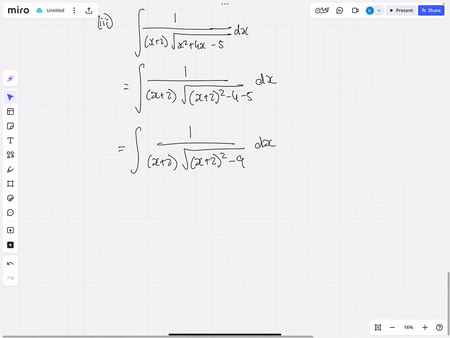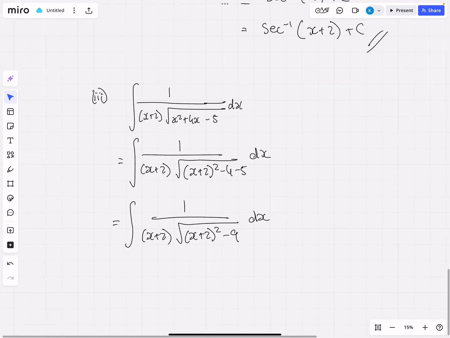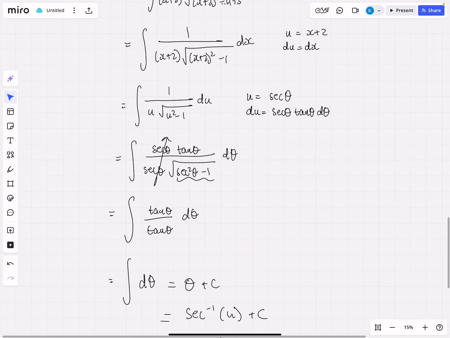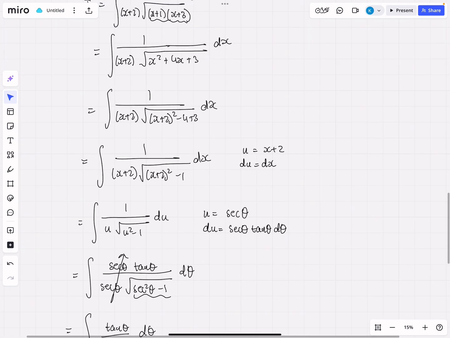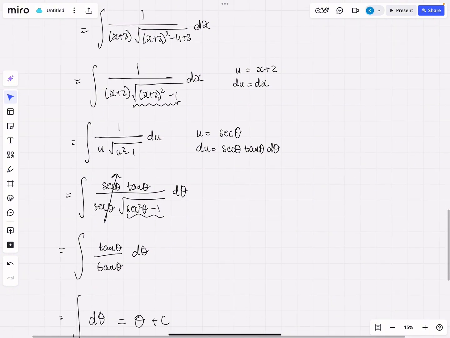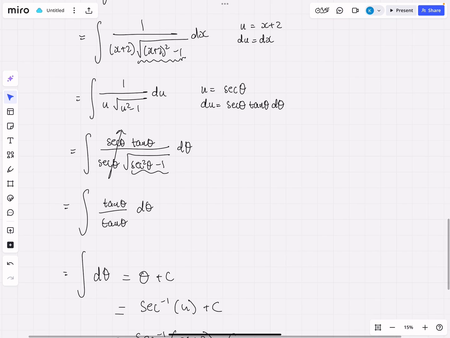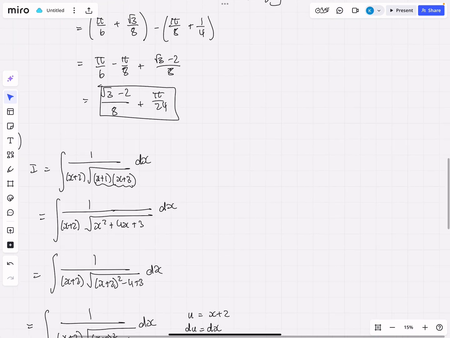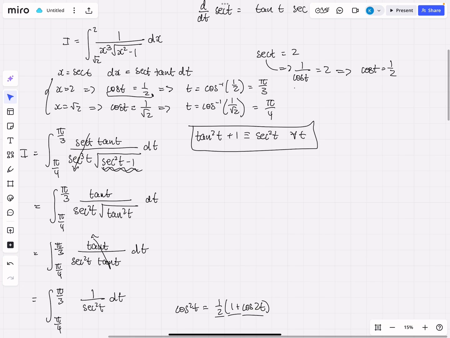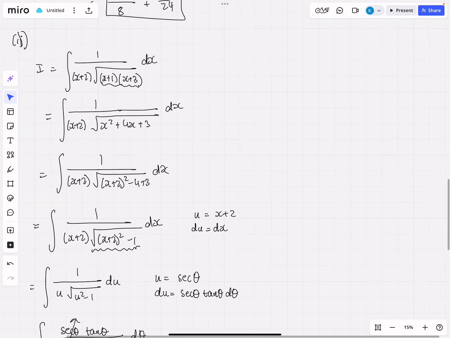Now, pause here for a second. What was the idea? Why did the previous two integrals work? Well, it's because what happened in here was that we were able to get a tan theta, because we could make use of this identity here, that tan squared t plus 1 is congruent to sec squared t.